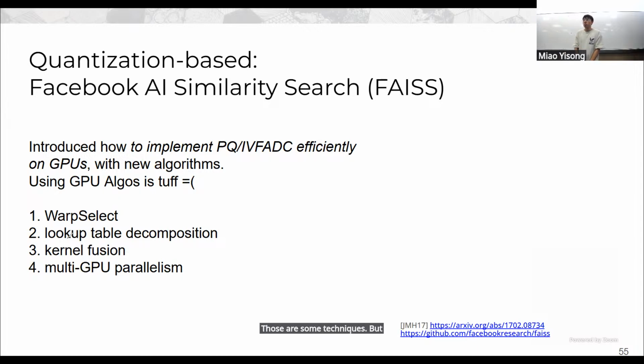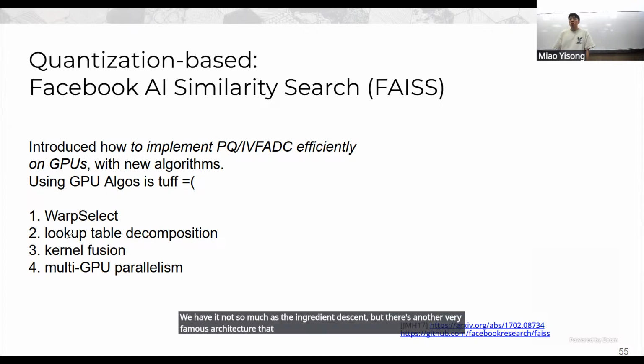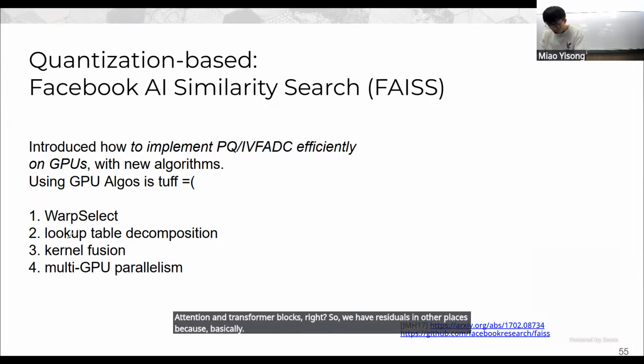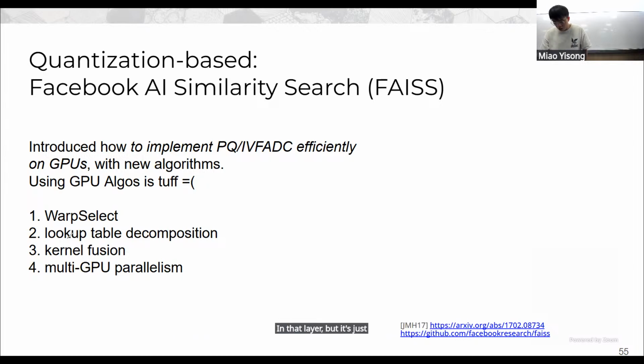But then the second part was the residual calculation, right? So where else do we see residuals? Anyone tell me? We have it not so much in gradient descent, but there's another very famous architecture that has residuals. Attention and transformer blocks, right? A transformer layer is trying to capture as much of the signal as it can in that layer, but it's just passing the buck and saying, well, this part I can encode, you guys deal with the rest downstream, right?